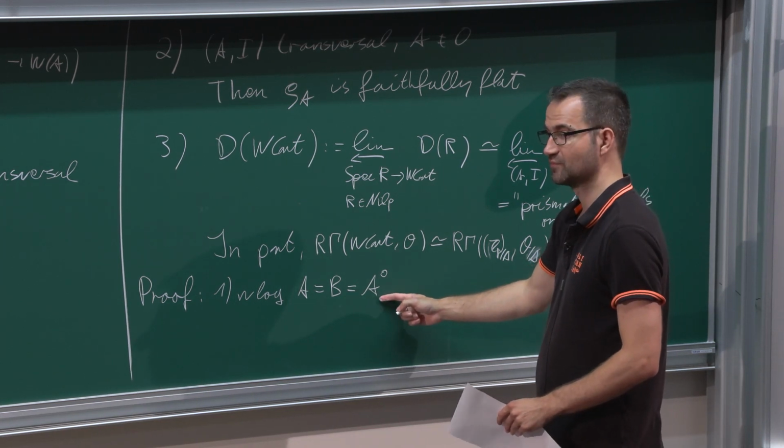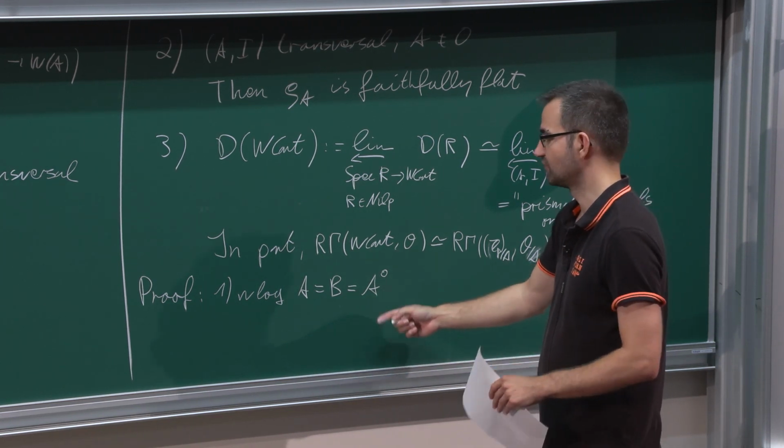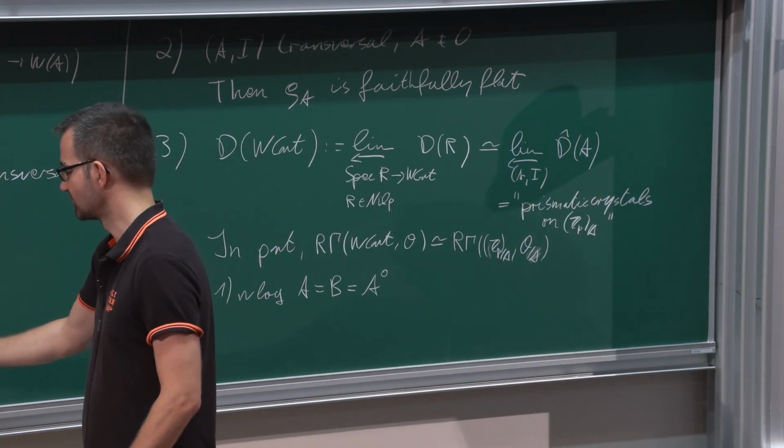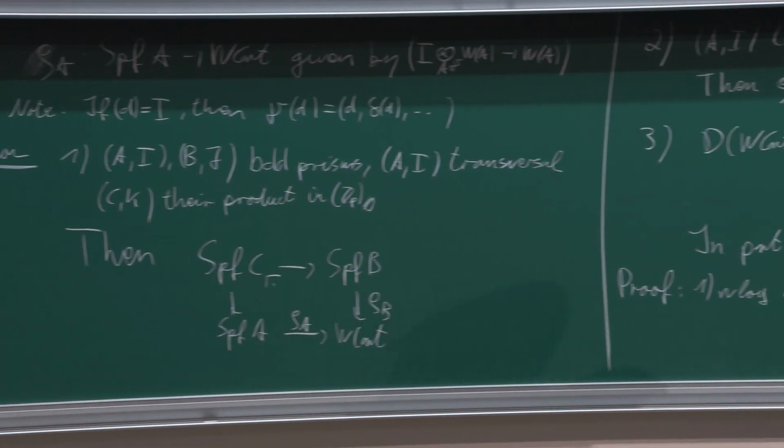So that all of these are given by A0, just because locally we can factor these morphisms over the Spf of A0.